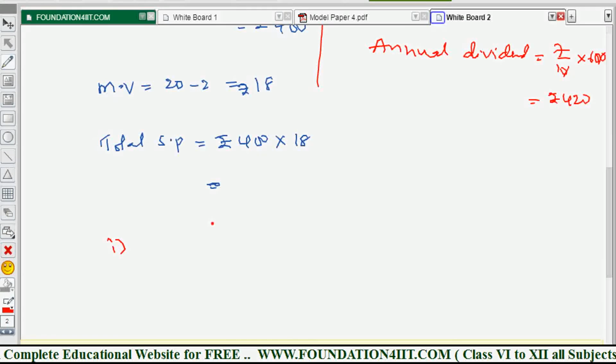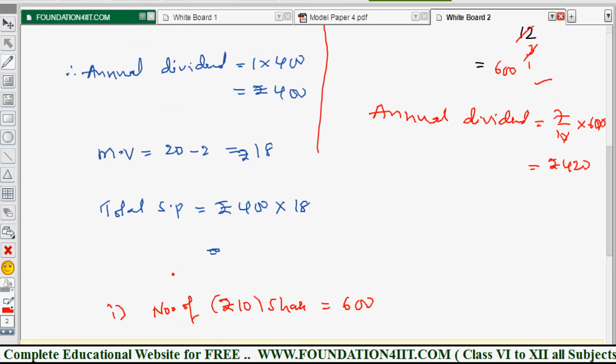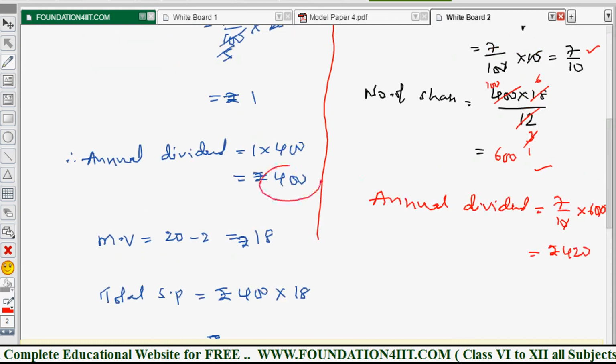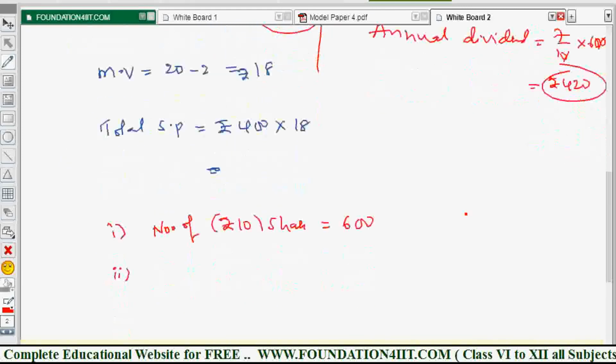Therefore the number of rupees 10 shares is equal to 600. And the increase in the annual dividend: previous is 400, now we got 420. So how much is increased? That is 20 rupees.